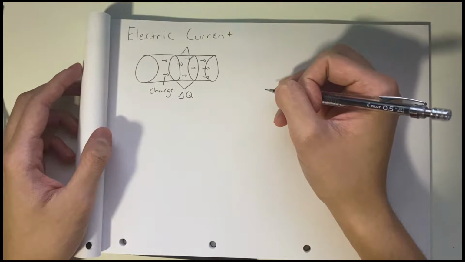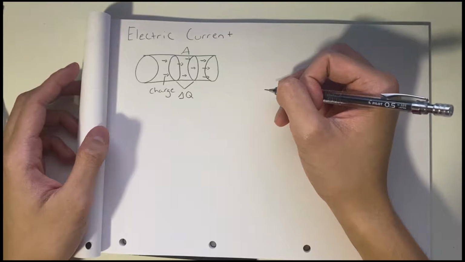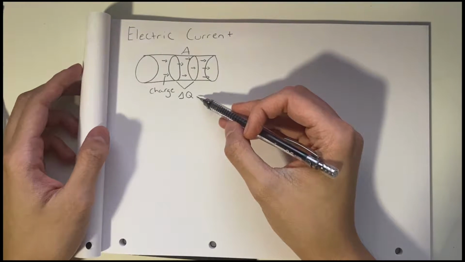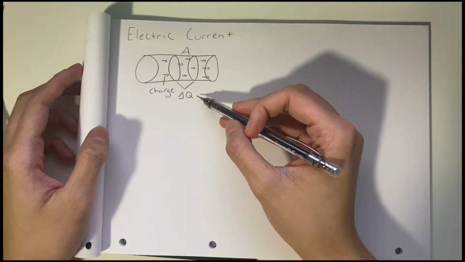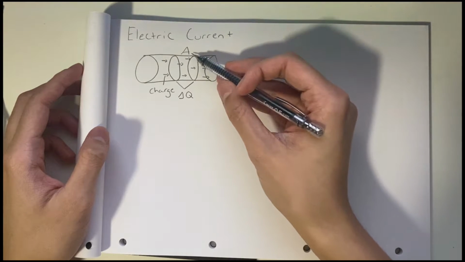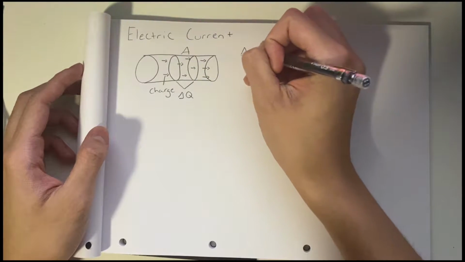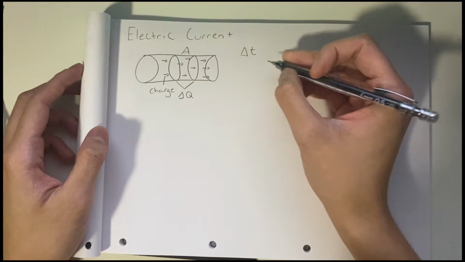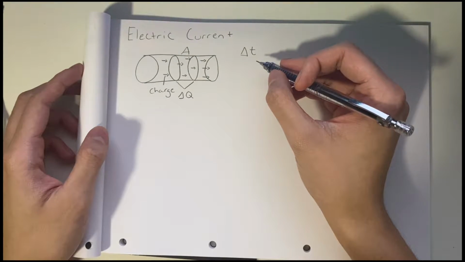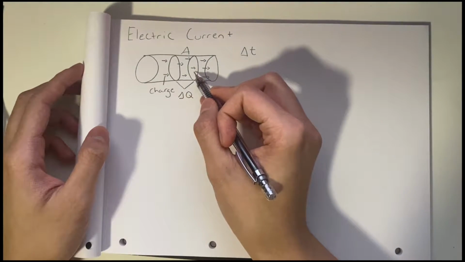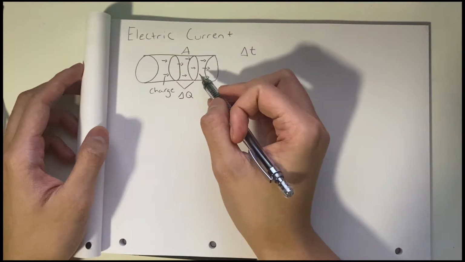Electric current I is the total charge that passes through a cross-sectional area. As shown here, delta Q is the amount of charge passing through a given area, and delta T is the time interval for a charge to pass through an area.